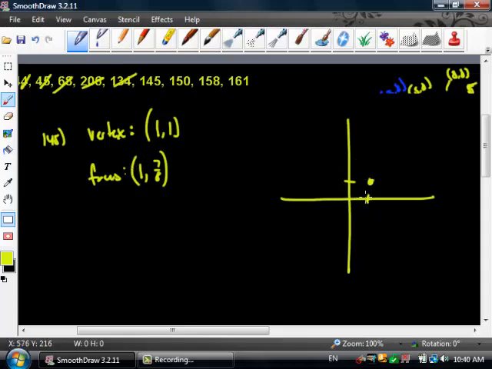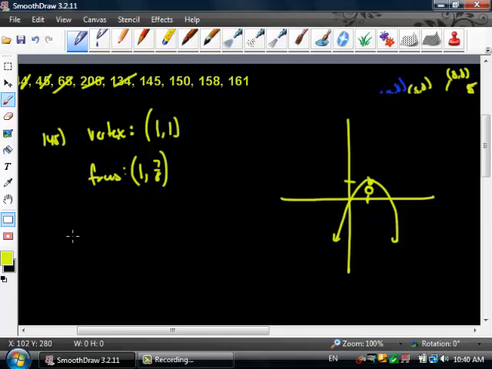Chief? It's above? Alex? It's below. 7 eighths is less than 1. So, let's use some sense here. What's the only way that this parabola can possibly open up? Taylor? Down.